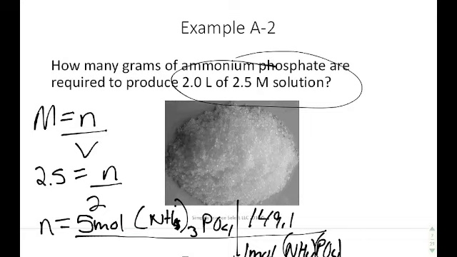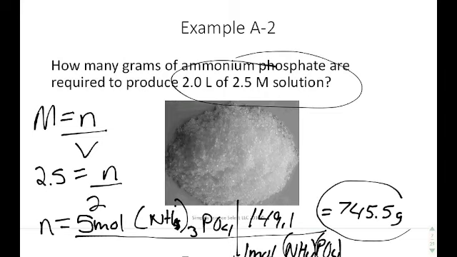How I got that is I had 3 nitrogens, 12 hydrogens, 4 oxygens, and 1 phosphorus. You take the atomic masses of all those and add them up, and when you do that, you should end up getting a pretty large value here of about 745.5 grams. It's kind of a lot.